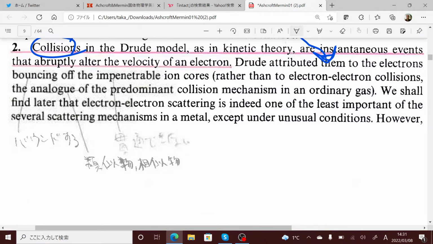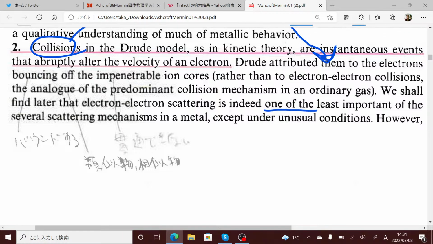We shall find later that electron-electron scattering is indeed one of the least important of the several scattering mechanisms in a metal, except under unusual conditions.